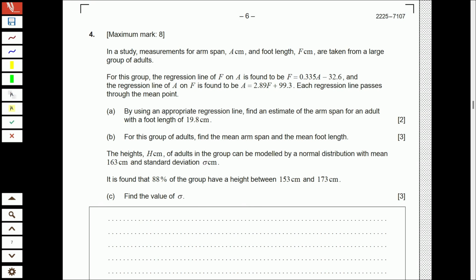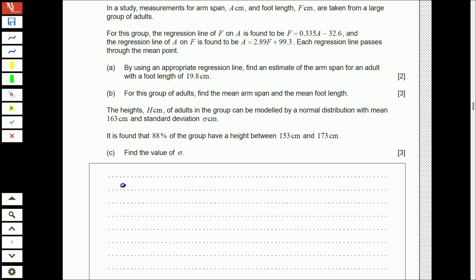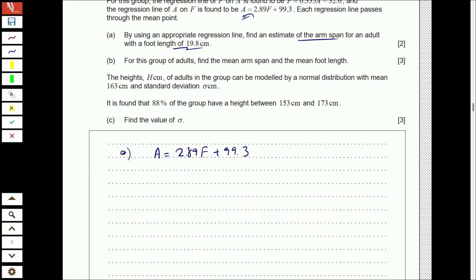Question A. By using an appropriate regression line, find an estimate of the arm span for an adult with a foot length of 19.8. Yeah, it asks for the arm span, so I will use the second equation, which will give us the arm span. The equation is A equals 2.89 times F plus 99.3. So we know that the foot length is 19.8.